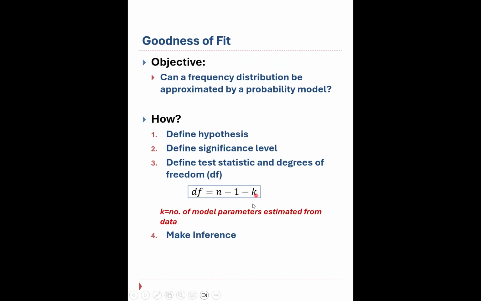Because for model generation, we are going to utilize our experimental data from which the distribution was developed. And then we will make the inference.